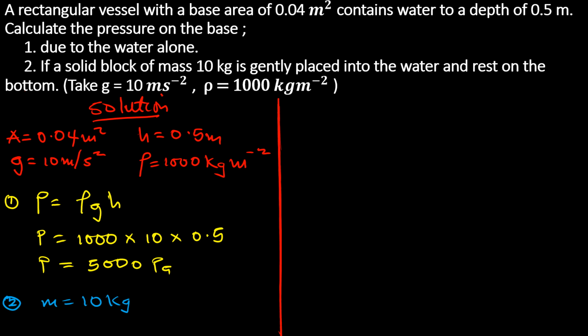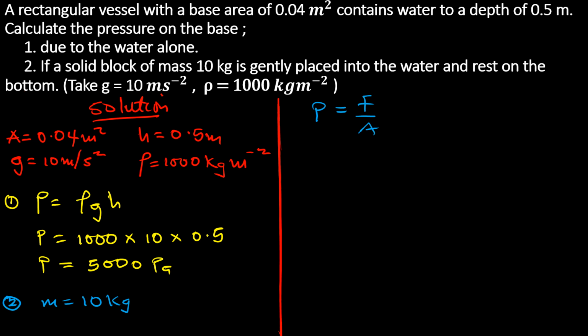Okay, so let's calculate the pressure from the block. We know pressure, which is P, is equal to force over area. So we first need to calculate the force exerted by the block.